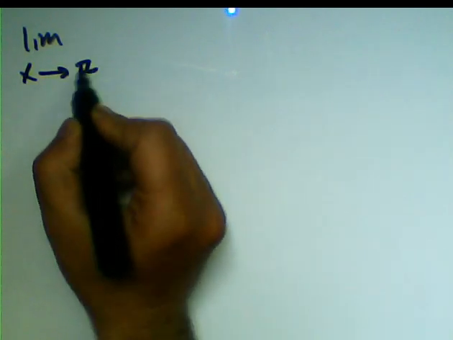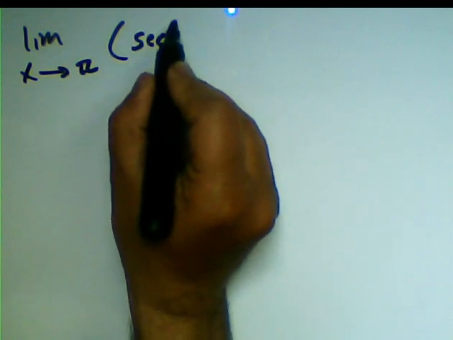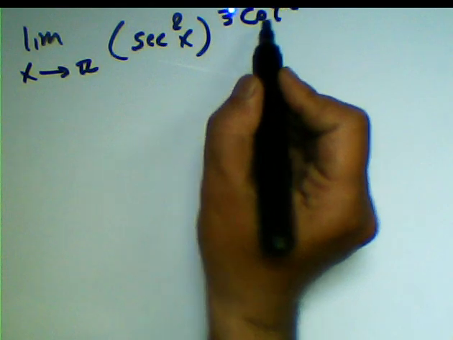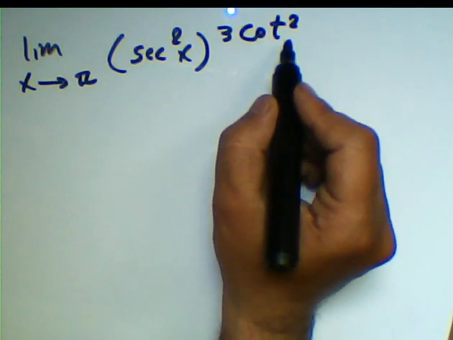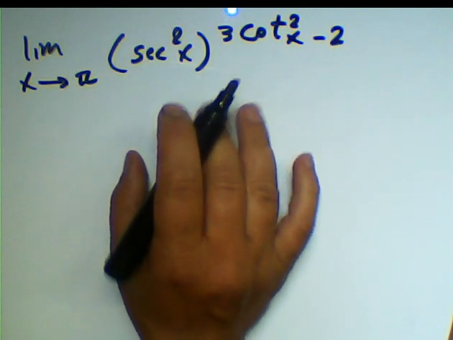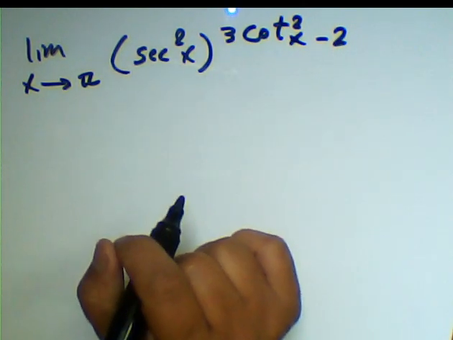Okay, think about this question with me. We have the limit as x approaches pi of (sec squared x) to the power 3 cot squared x, subtract 2. This question is from government exams on the internet, okay? It's very important, my students.